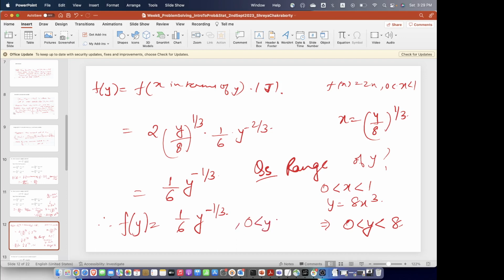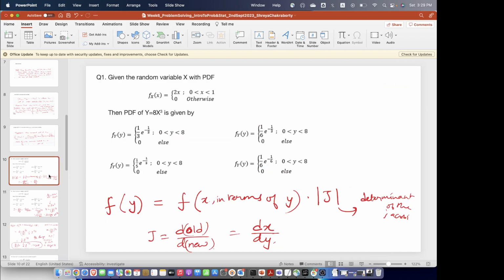So this will be the distribution of y: 1 by 6 y to the power minus 1 by 3, where y ranges from 0 to 8.